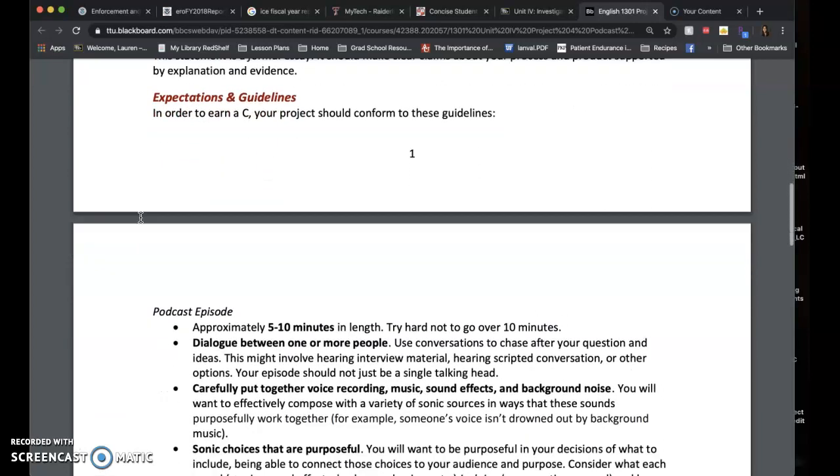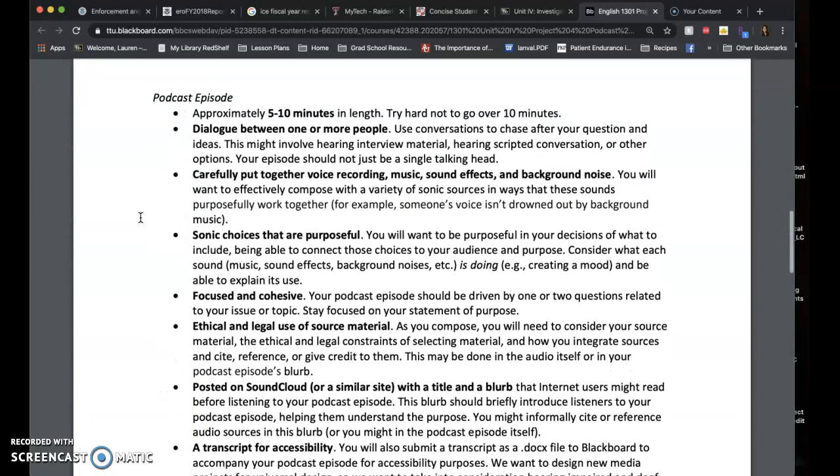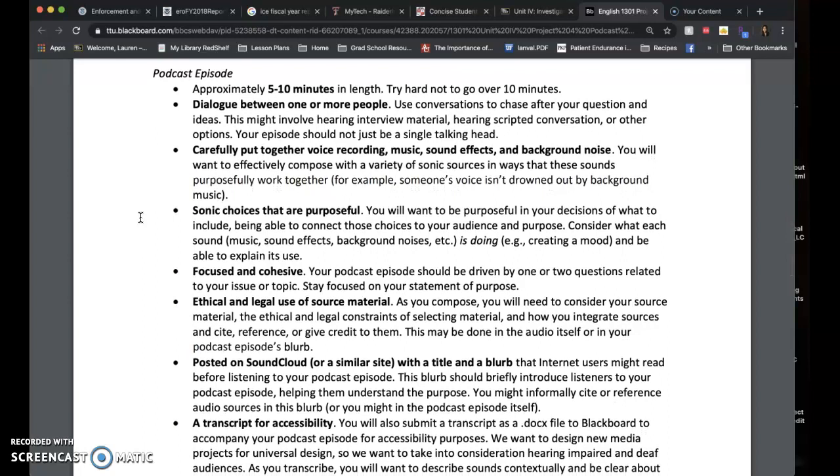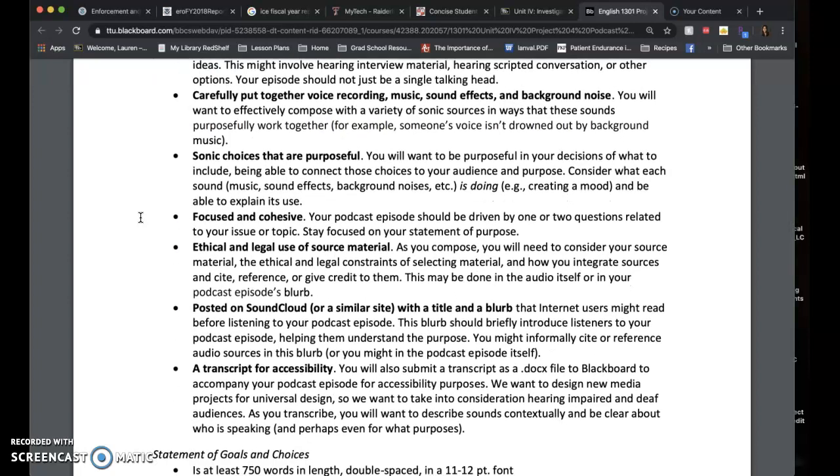Here are the expectations and guidelines. So to earn a C, you're going to have a 5 to 10 minute podcast. There's going to be dialogue happening between yourself and someone else. It's carefully put together with music, sound effects, background noise, sonic choices that are purposeful. It's focused, cohesive.